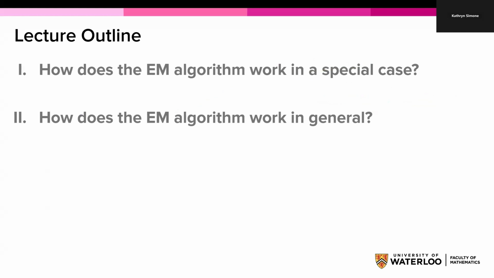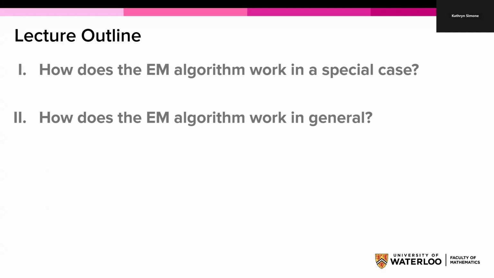So the goal in this first part of the talk is to motivate the core ideas of EM in a way that feels approachable. But after we establish that intuition, we're then going to dig deeper into the math behind the EM algorithm and look at how it works a bit more generally.